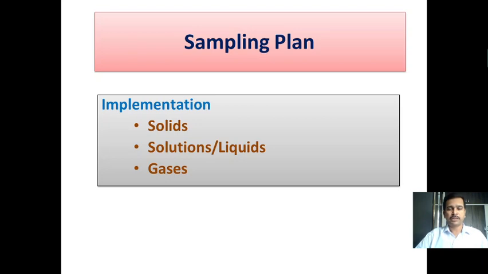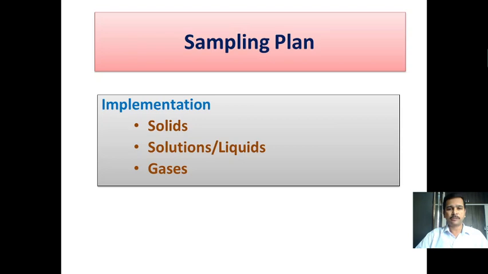A sampling plan is nothing but a plan to obtain the sample which is a representative one for analysis. So whatever sample you are going to use, it may be a solid sample or a liquid sample or a gaseous sample, we cannot use that sample for analysis straight away, but we have to convert the sample into the laboratory-ready sample.